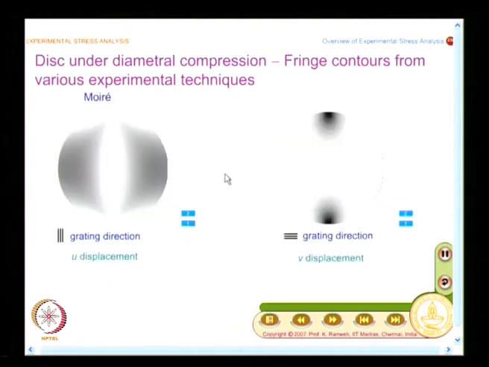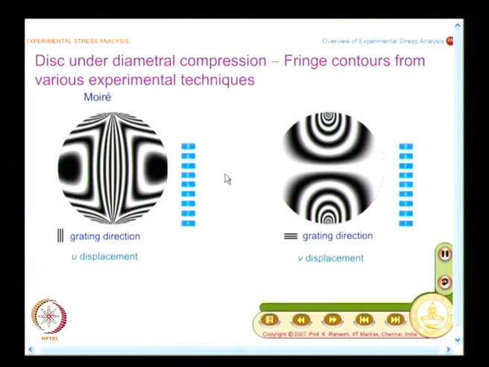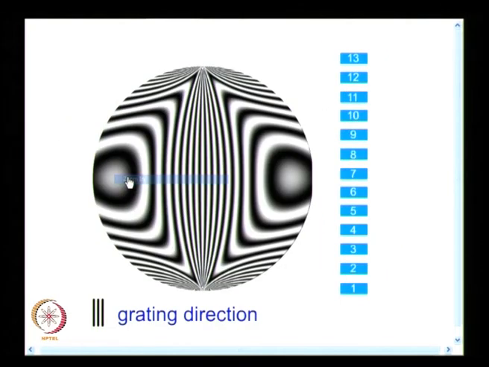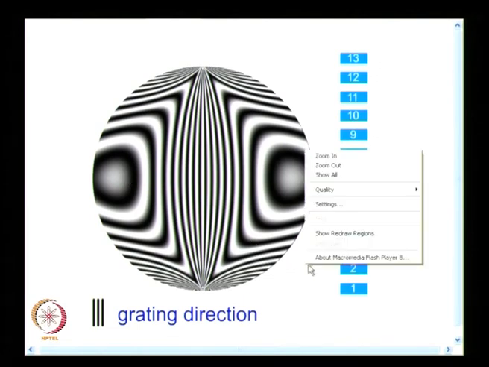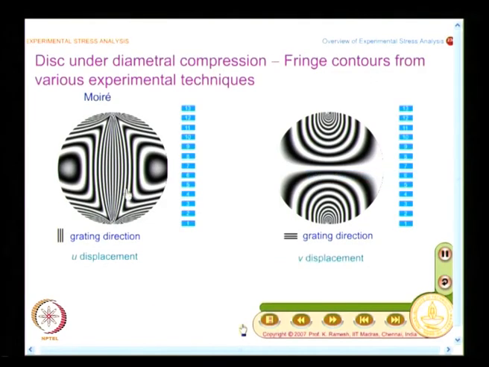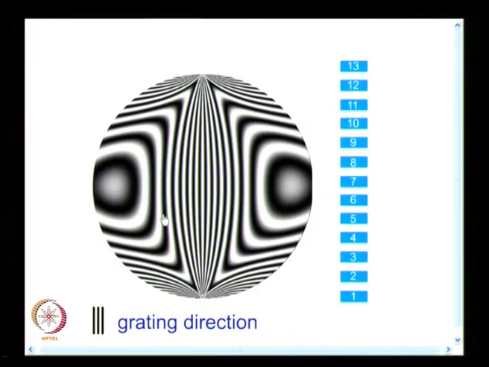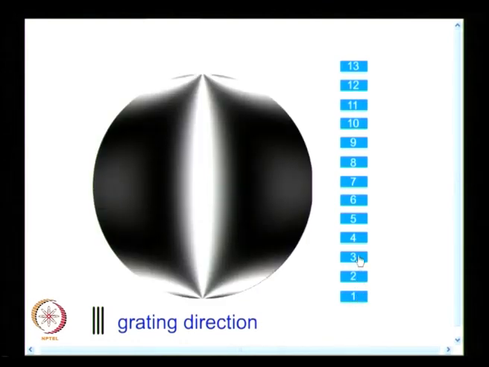So, I would see the Moire contours, what I get for u displacement as well as v displacement. How do I decide that? I have the grating direction with which it is recorded, and you get these contours beautifully, and we saw these very difficult expressions, and obviously when you do it, it will be complicated like this. And I can also change the load 1, 2 and gradually increase the load.